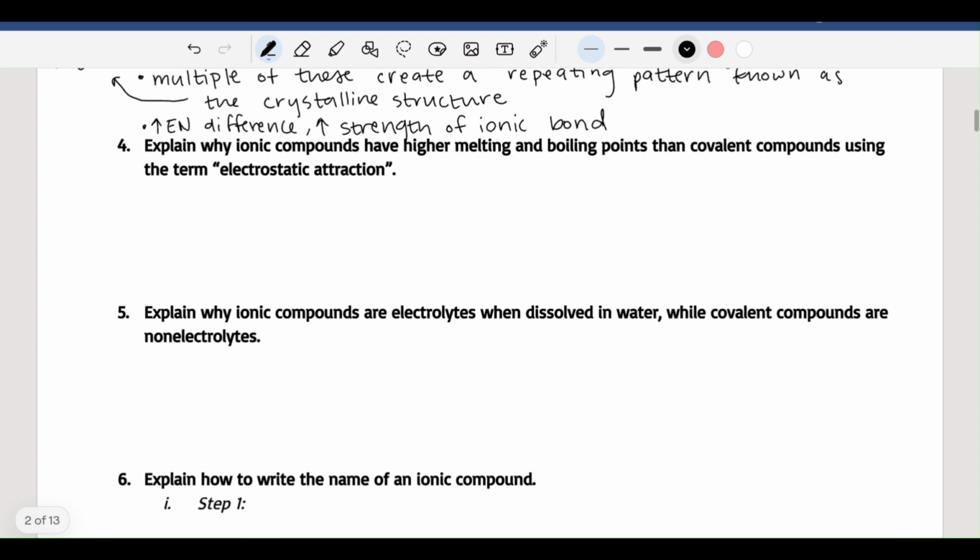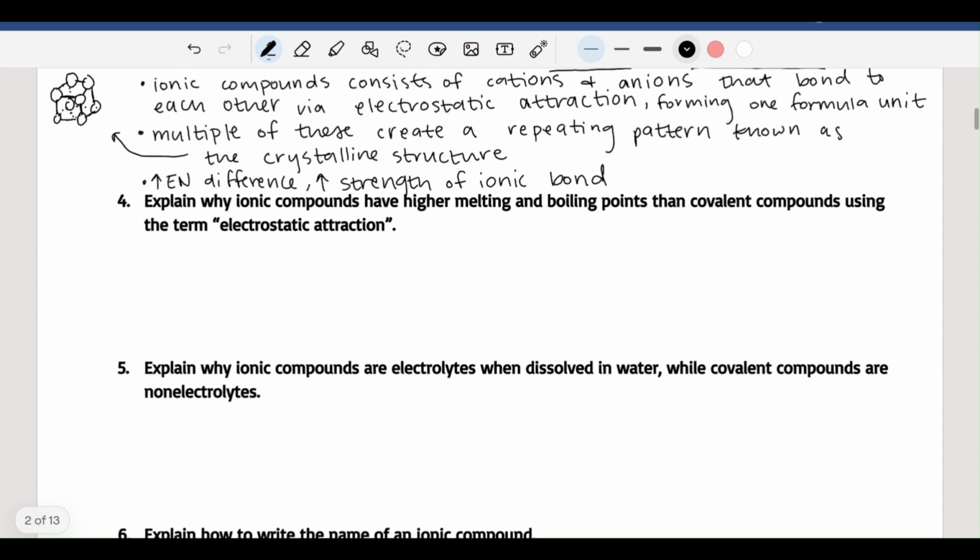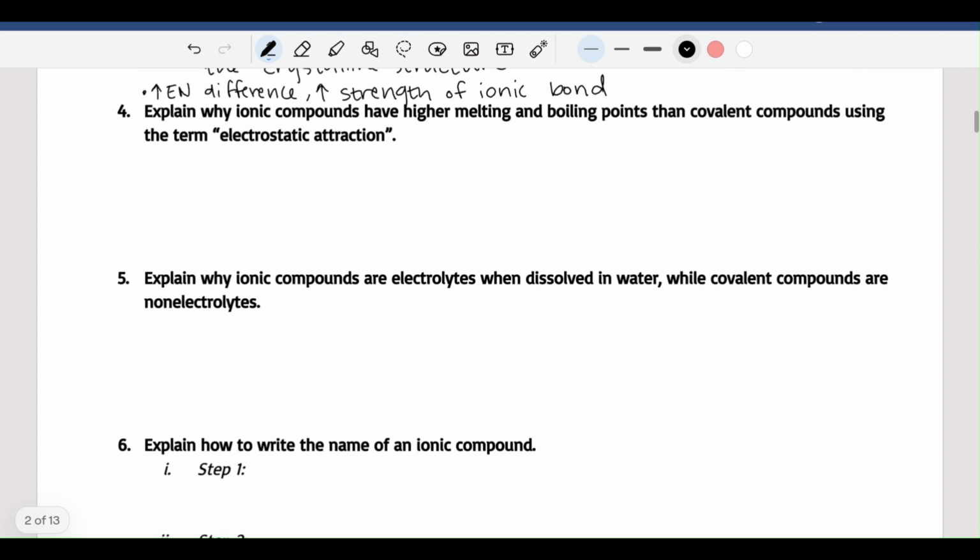Okay, so moving on. We figured out the structure, and now we're going to talk about why ionic compounds have a higher melting and boiling point. They're very stable if that has a higher melting or boiling point.